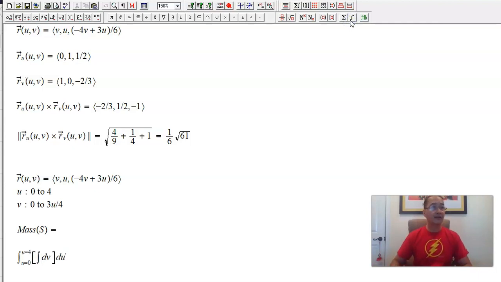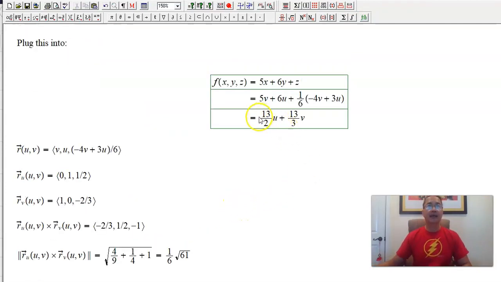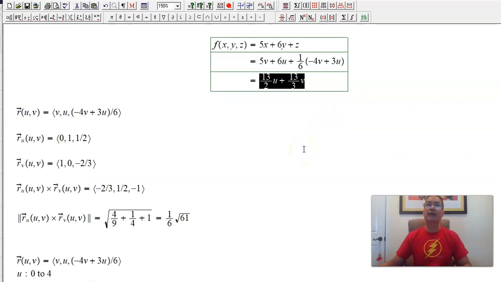So we have v integrated from v equals 0 to v equals 3u over 4. What are we integrating? Do not forget to include this. We worked for that, all 2 minutes of it. And we have the function that we are integrating.